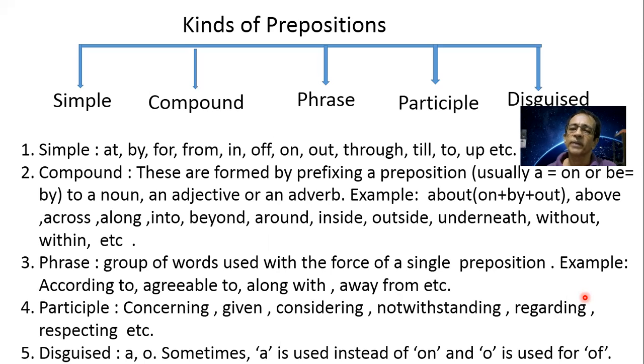We get on the bus, and in the case of the car, we use get into the car. We step on the bus. We step into the car. So these kinds of mistakes we commit in our day-to-day life.